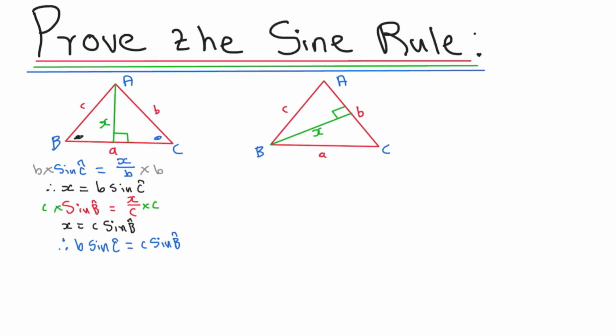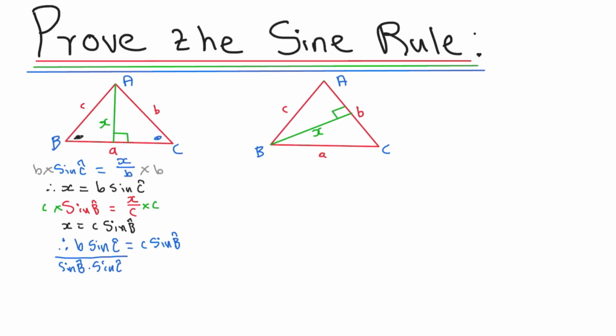Now I want to have fractions on either side, and I want these small letters B and C to be my numerators. So I will divide both sides by sine B times sine C.